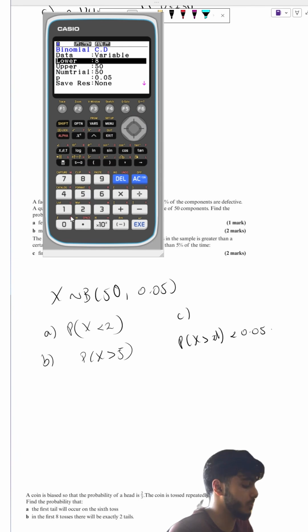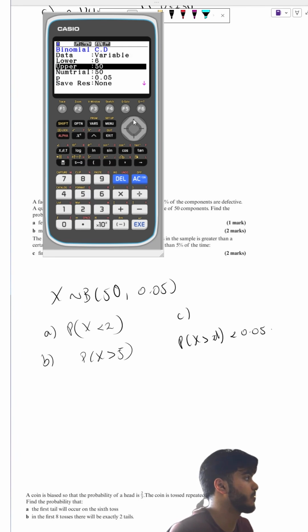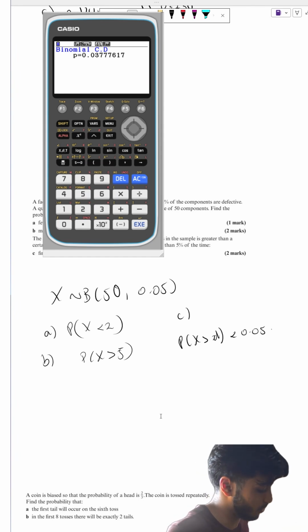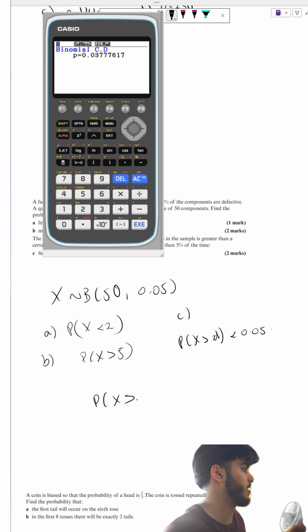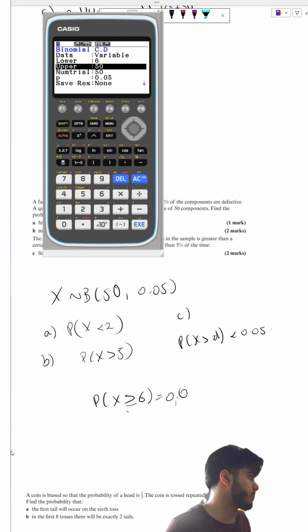Okay, we're getting a bit closer to the 0.05 value. Let's try 6. Okay, we got 0.037. How about 7? Okay, 7 is too small. So 7 is just under. So 6, this is what you're going to need to put in. Probability that x is bigger than or equal to 6. Where's my mouse gone? Probability that x is bigger than or equal to 6 is equal to 0.0, what was it?